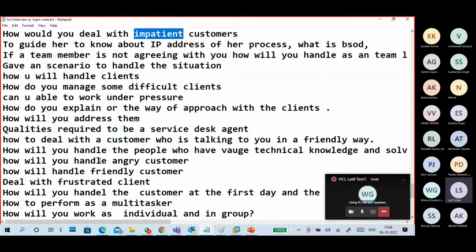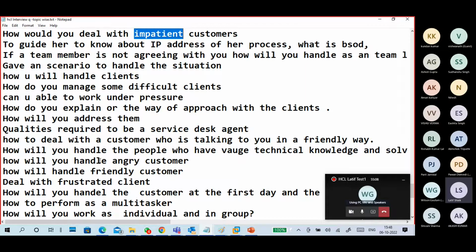Some people behave like that, but in general, whatever it is, just try to listen to the customer. Don't try to explain to them initially. Check the past history of that customer's complaints and understand the situation.